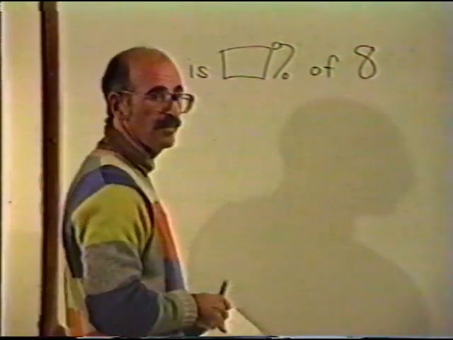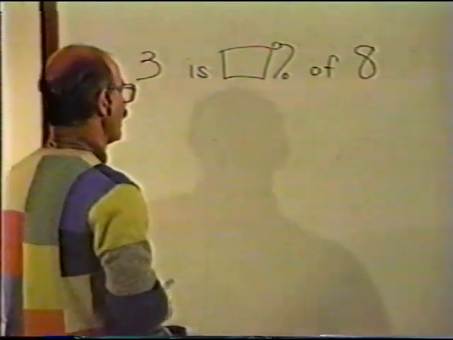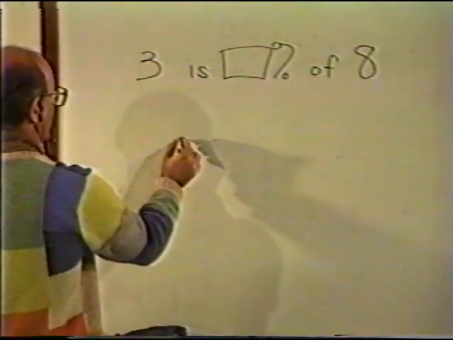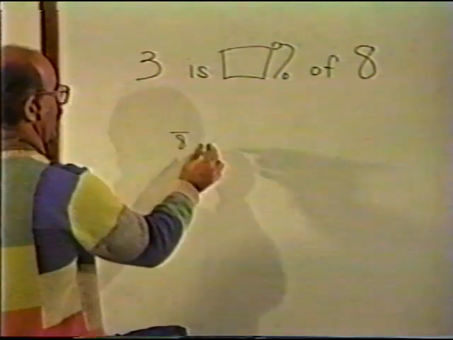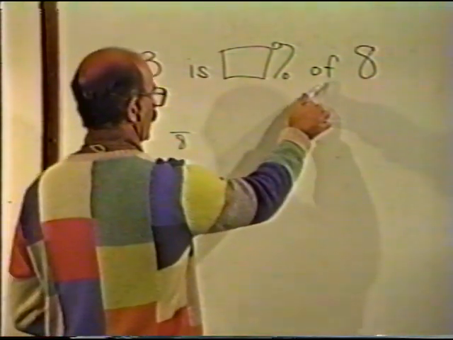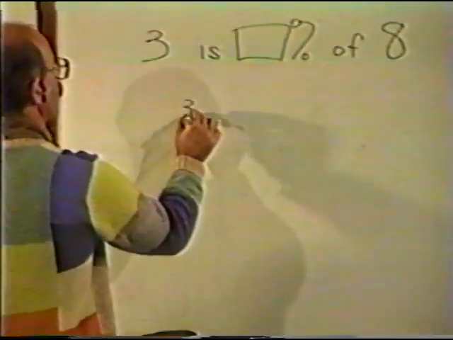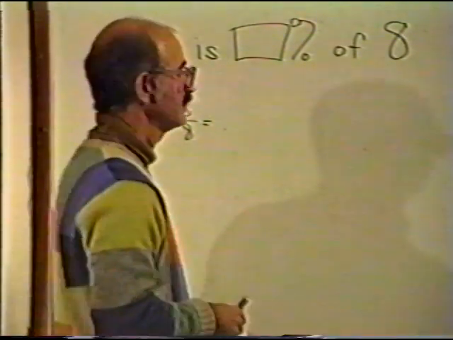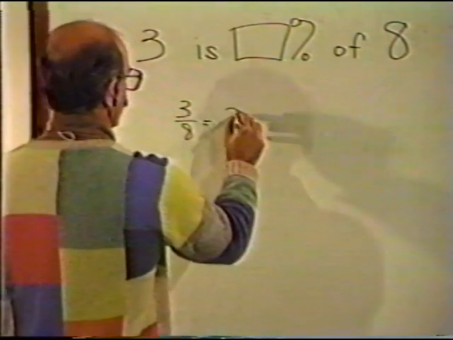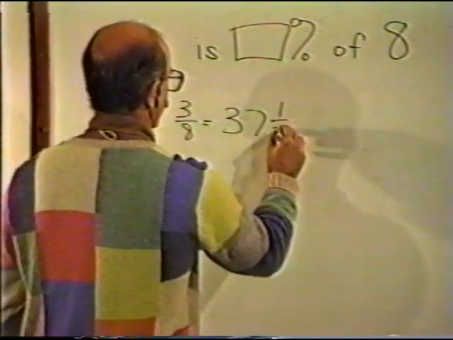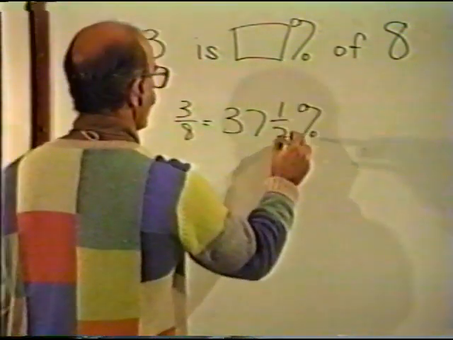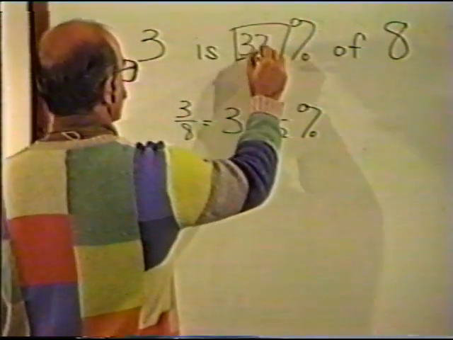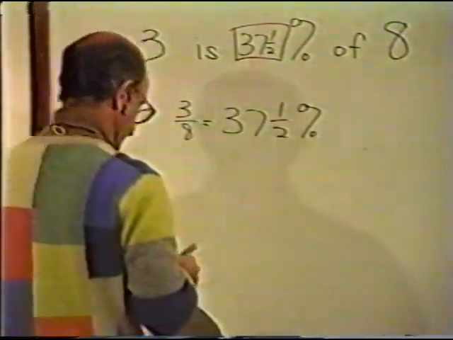Which number do we put on the bottom of our fraction? 8, because it comes after the word of. And we have 3/8. How much percent is that? 37.5%. That's a memory percent.